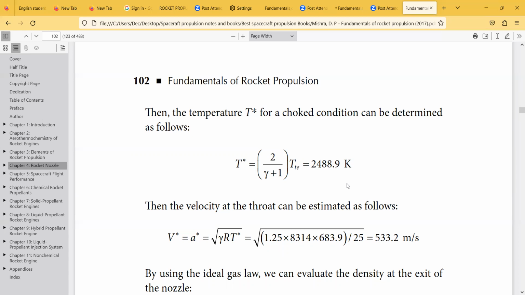But within a very short period of time, the burned mass of the propellant comes into the throat inlet. At the throat inlet, the temperature dropped from 2800 to 2488.9. So you can check the amount of temperature drop from the combustion chamber to the throat. This is the throat temperature.